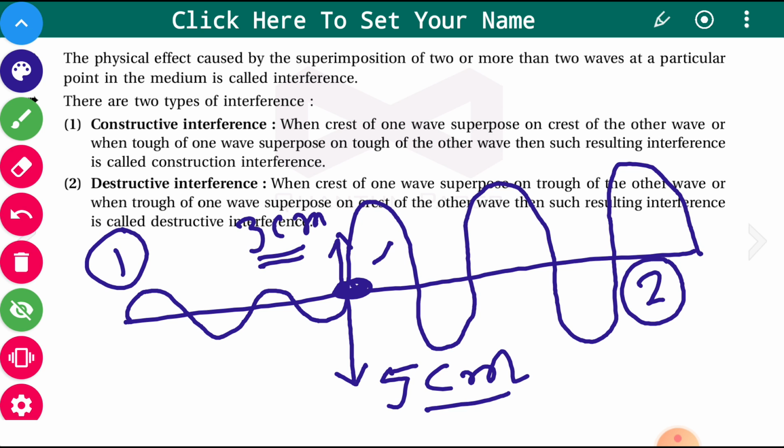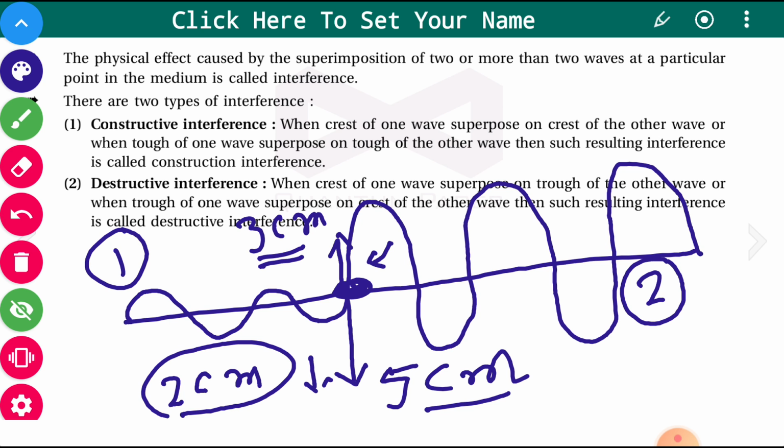This particle where these two waves are reaching will experience 2 centimeter displacement in downward direction. Try to understand. This is 5 centimeter downward, 3 centimeter upward, so the resultant will be 2 centimeter in downward direction.